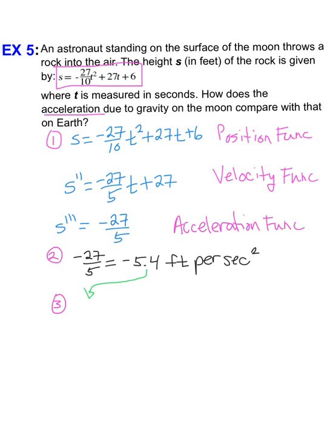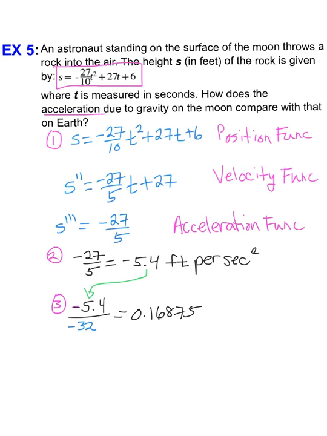So if we put the negative 5.4 and put it over what we got from example 4's acceleration function, which was negative 32, and this is also feet per second squared, so the units are going to cancel out. If you divide those out, you get a lovely decimal, which is 0.16875. So that is about that much of the acceleration on Earth.